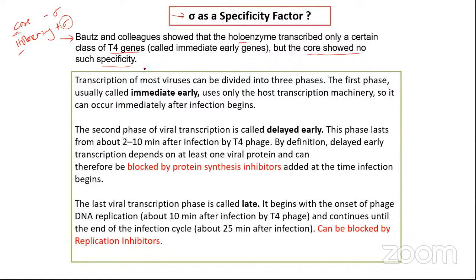So let us first understand what they did. How did they prove that sigma factor or the holoenzyme is more specific in doing transcription of certain genes of the T4 DNA molecule, but will not do the transcription of all the genes? First of all, you need to understand that T4 is a T-even phage. What's the property of the T-even phages, if you remember?